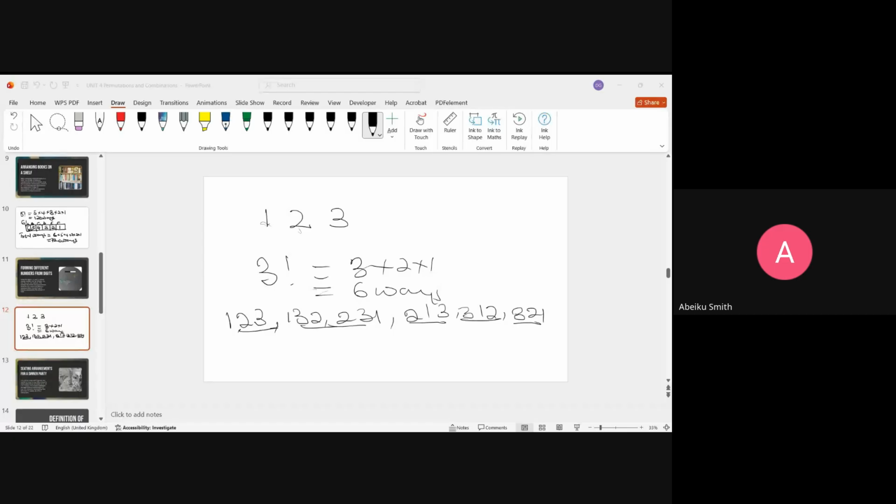If you start with the first one, which is 1, it finishes before you go for the 2, and it also finishes before the 3. That is the order, right? Yes. So 2, 1, 3 is different from 1, 3, 2. But if it is a combination, they are the same.